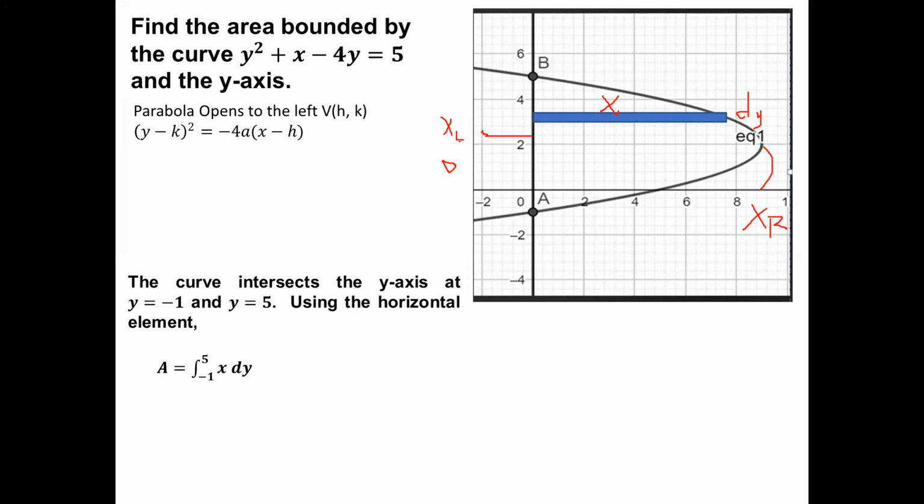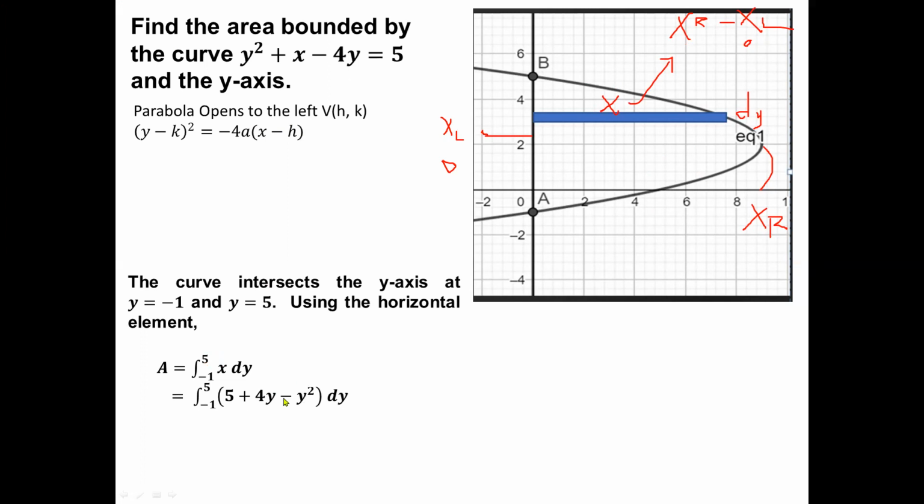Kaya, ito naman yung XL. 0 yung XL. So, XR, ang ibig sabihin is XR minus XL. Kaya lang dito, ang XL natin 0. Ang XR natin ay yung x. Hindi pa napalitan dito, no? Ito, pakita ko na. Yan. Yung 4y minus y square, yan ang value ng ating x.